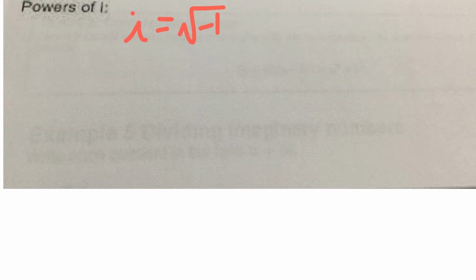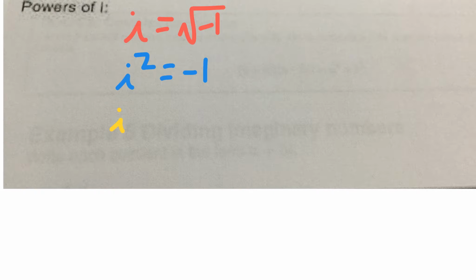Now, if I square both sides, we looked at that just a second ago, that became i squared is equal to -1. And I'll just assume that you all saw where that came from the first time, so there's no reason to go over it again. Okay, what if I multiplied both sides by i?